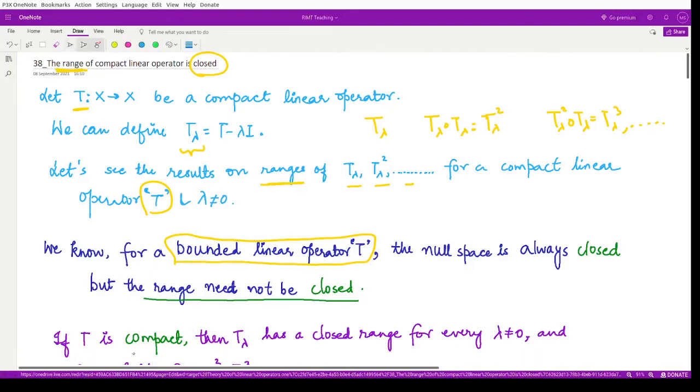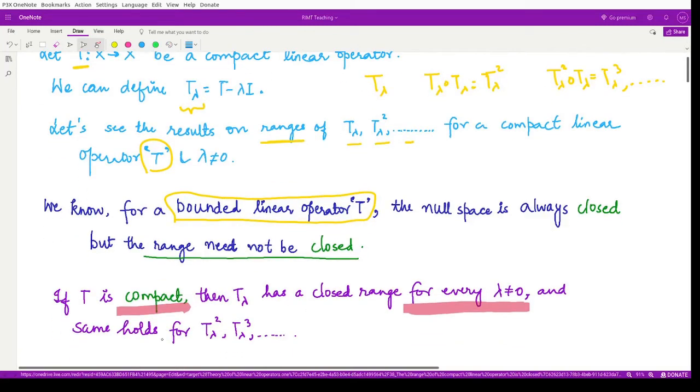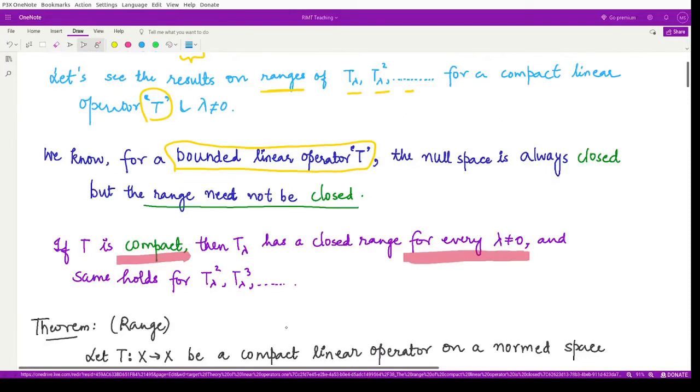When the given operator T is compact, T lambda would have a range that is closed for every lambda. That means for every non-zero complex number, T lambda has a closed range, and the ranges of the operators T lambda square, T lambda cube, and so on, are also closed, right?